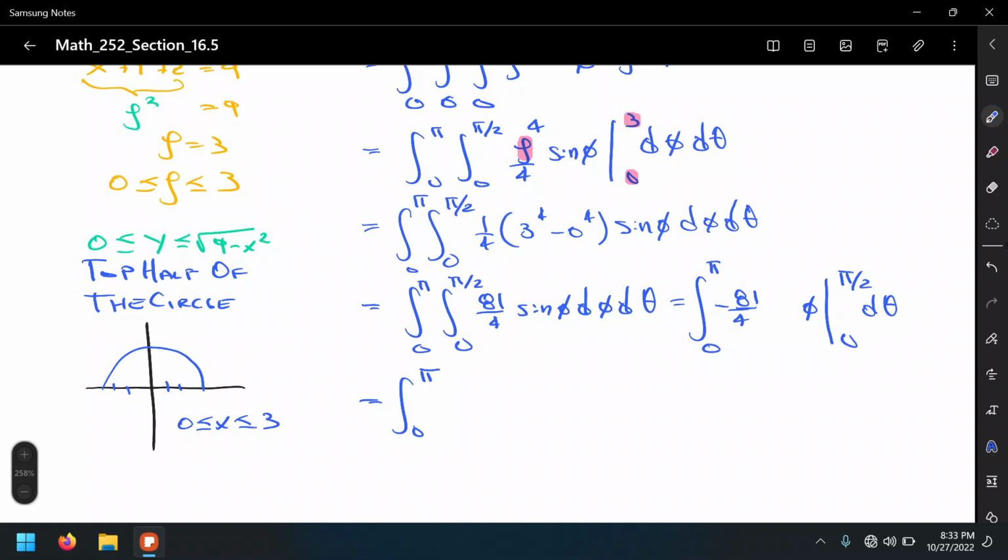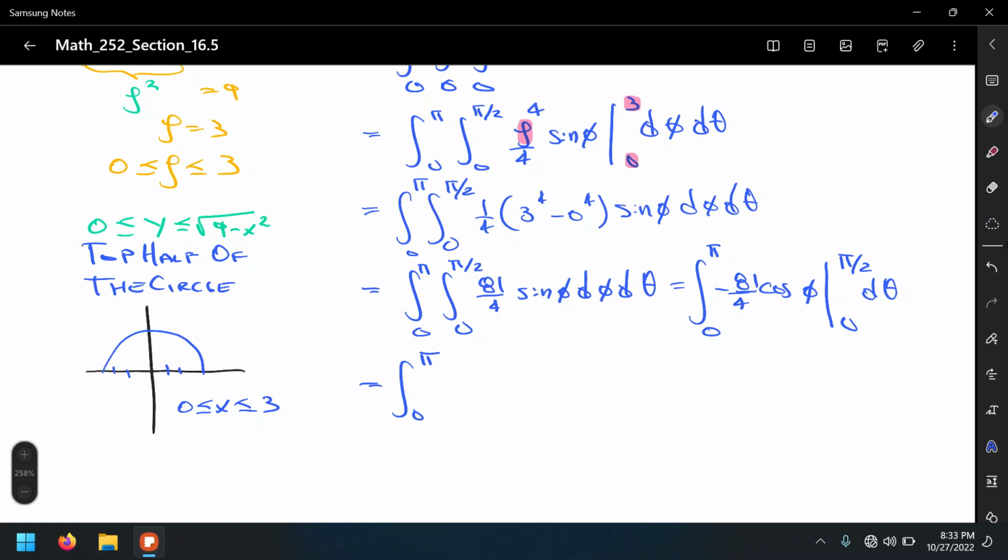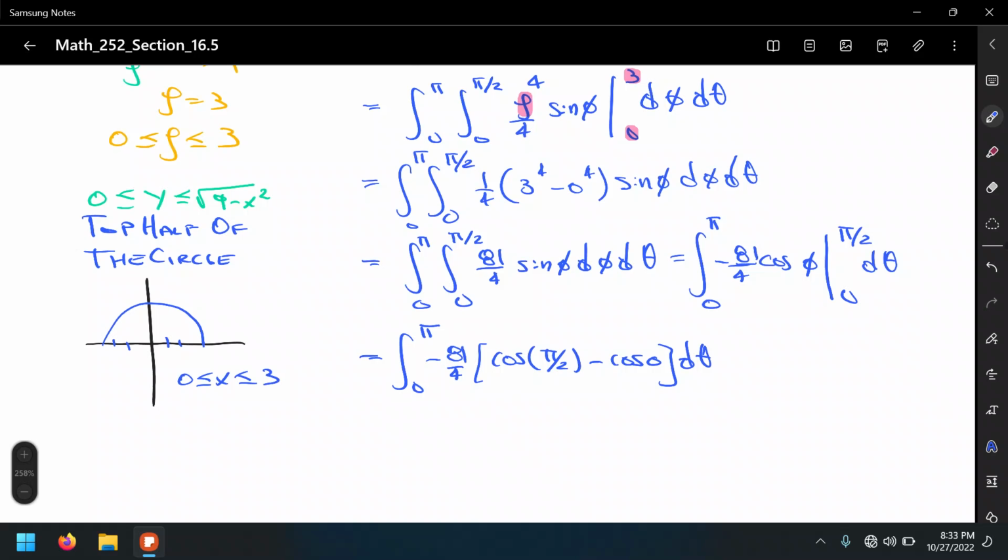That's what I meant, but not what I wrote. Negative cosine, so that's negative 81 over 4 times cosine of pi over 2 minus cosine 0, d theta. Cosine of pi over 2 is 0, and cosine 0 is 1. So this negative 81 gets multiplied with negative 1 and becomes positive. So that's the integral from 0 to pi of 81 over 4 d theta.